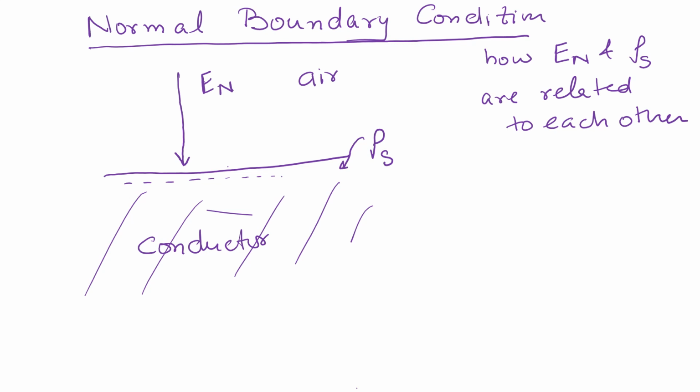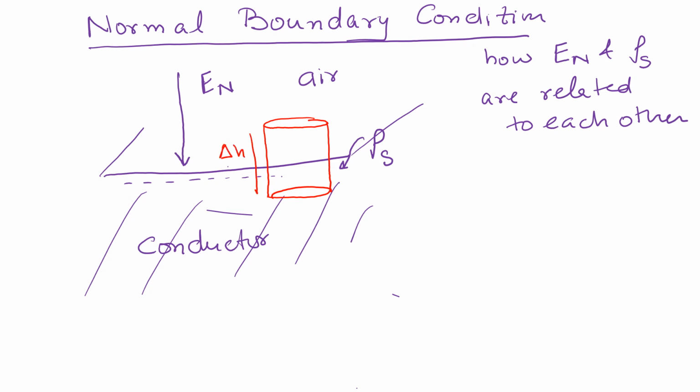To figure this relationship out, let's go back to our friendly Gauss law. And what we're going to do, again, I'm assuming planes, so this conductor is very large that way, and we are going to make a Gaussian pillbox of a very, very small height.